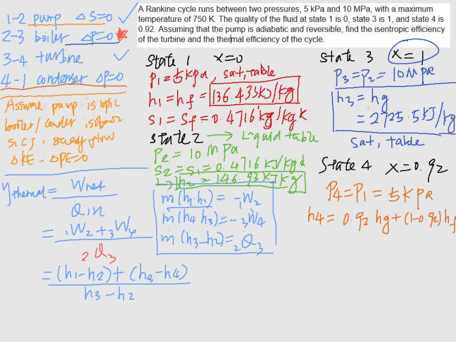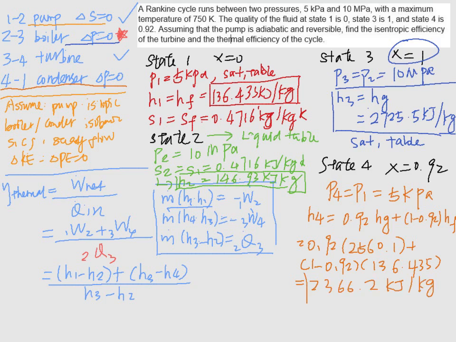That is 0.92 times 2560.1 plus (1 minus 0.92) times 136.435. And that gives us our last value, 2366.2 kilojoule per kg.